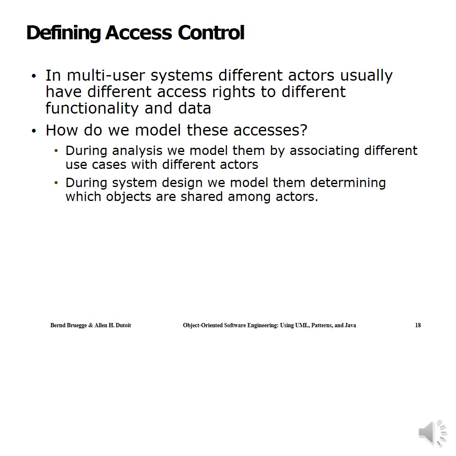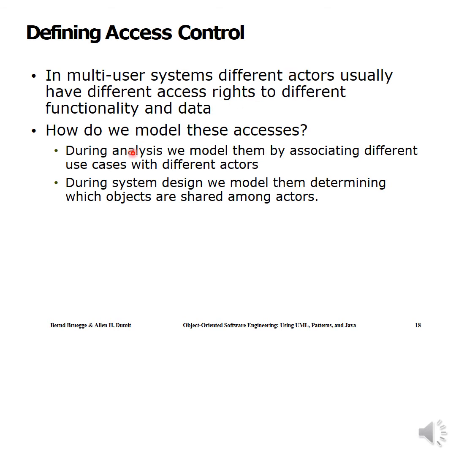In a multi-user environment, different actors usually have different access rights to different functionality and data. For example, an everyday actor may only access the data it creates, while an administrator may have unlimited access to system data and to other users' data as well.